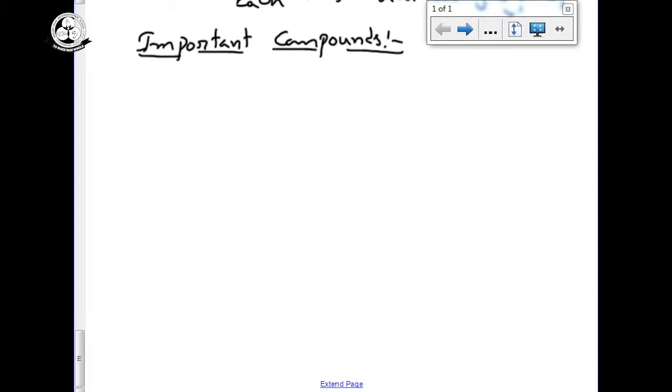The most important compounds of carbon: the first one is carbon monoxide. The second one is carbon dioxide. The third one is carbonic acid, with formula H2CO3.